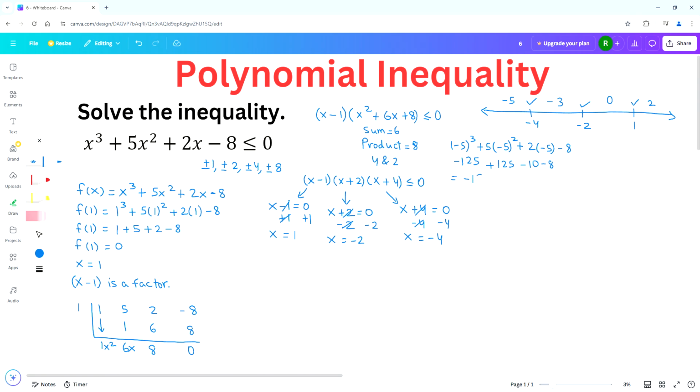I get -18. -18 is less than 0. Therefore, the inequality is true in the interval on the left side of -4.